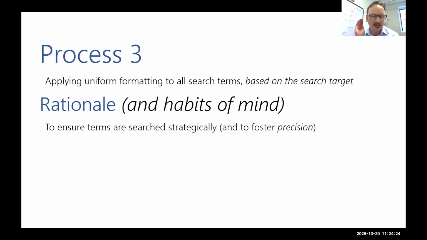The reason we're doing this is to ensure that the terms are searched strategically, just as we want them, and to foster precision. So I will say right now, something I haven't said before, which is that all fields is the default. If you just put terms into PubMed, it's going to search every part of the record. And that could be problematic.